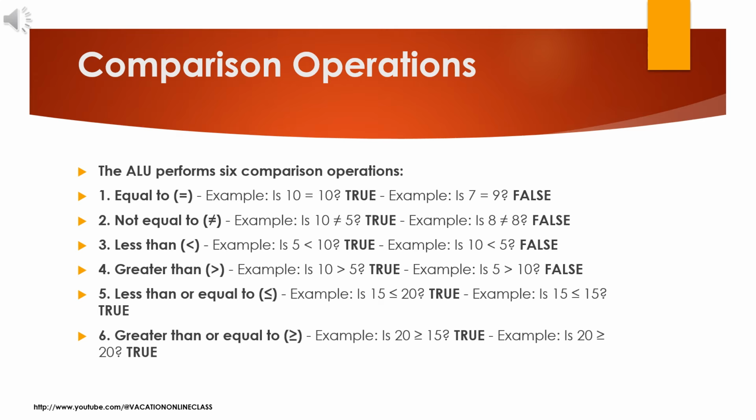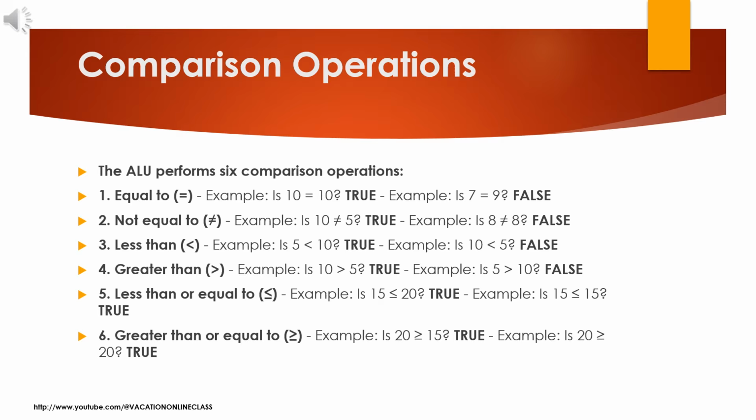Next, the ALU performs size comparisons using less than and greater than. For example, it might ask if a file size is less than the available storage space. Finally, it handles more inclusive comparisons, less than or equal to, and greater than or equal to.